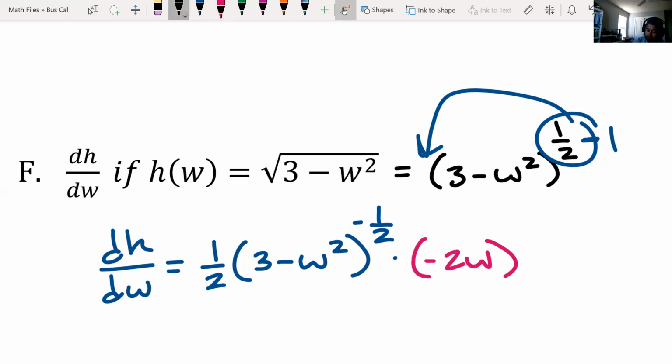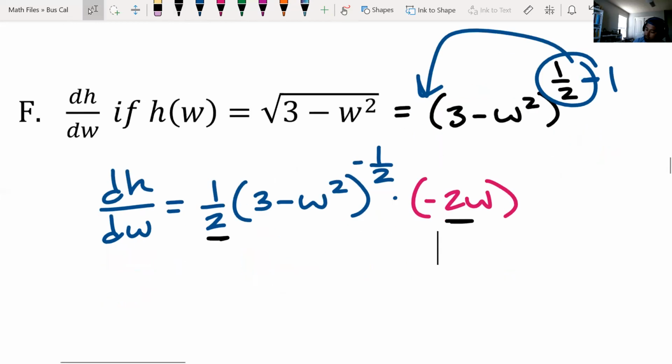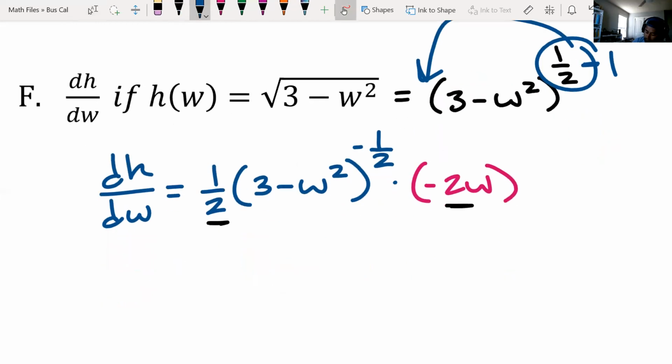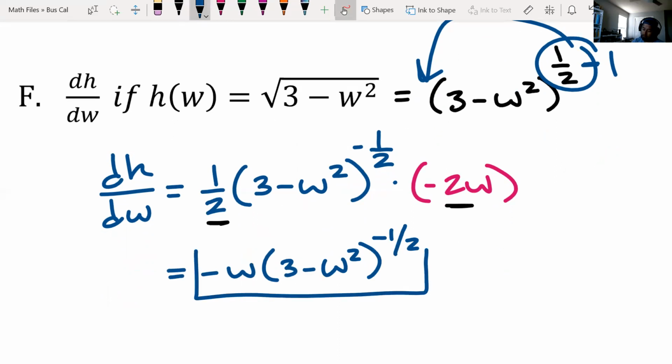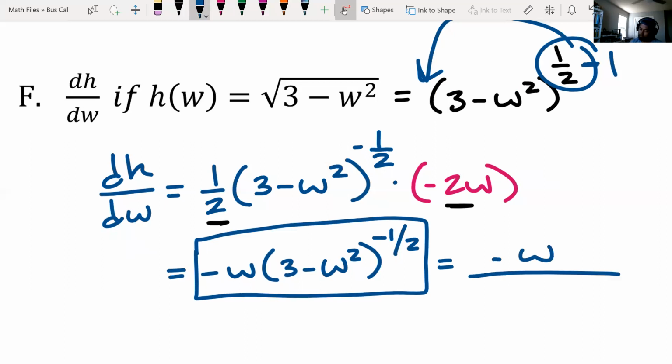Okay, and just clean up. 1/2 times negative 2w. We will get negative w times 3 minus w squared to the negative 1/2. And again, that is a perfect answer, or negative w over 3 minus w squared to the 1/2.